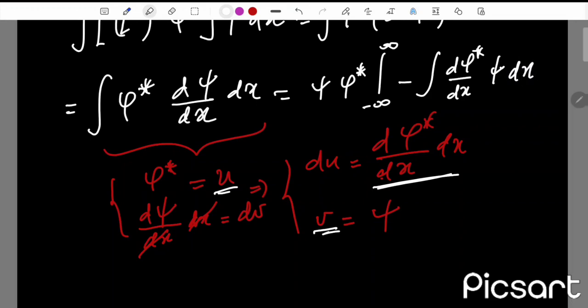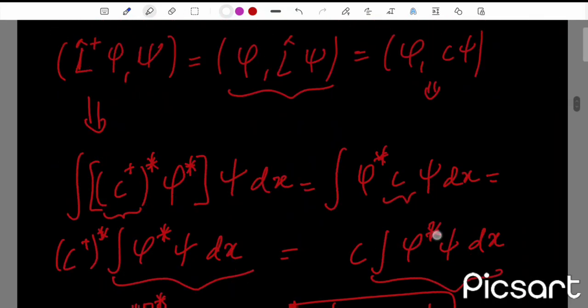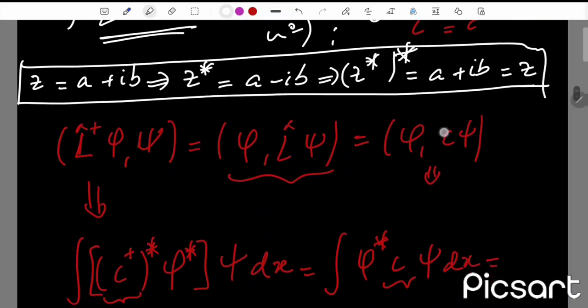And from here, as we have mentioned at the beginning of this video, when we have a physical meaning, every time we select psi and phi as continuous, univocal functions, in infinity we ask these functions to be equal to 0.